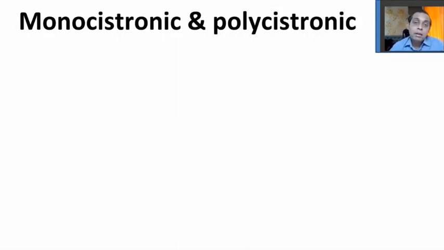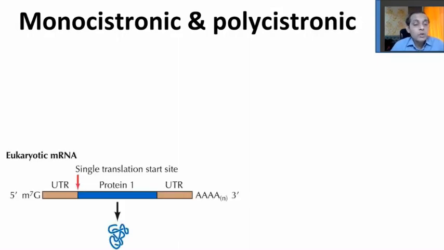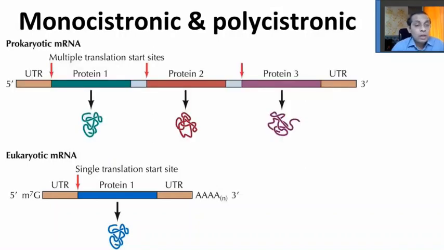At a time, many proteins from a specific transcript is polycistronic. Like here it is eukaryotic, where a specific segment makes only one protein. Whereas in prokaryotic, within one transcriptional unit, there are three proteins synthesized, hence called polycistronic.